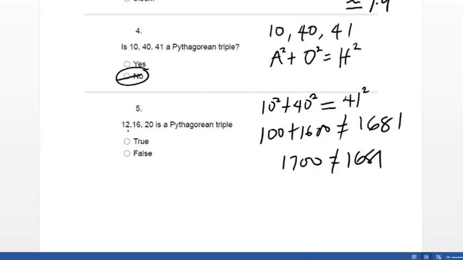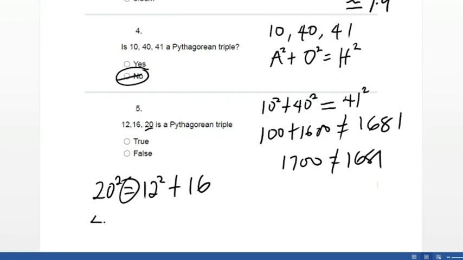Now, 12, 16, 20 is a Pythagorean triple. Let's check if it's true or false. The same thing. The highest number here is 20. So 20 squared equals 12 squared plus 16 squared must be the case. We want to check first.